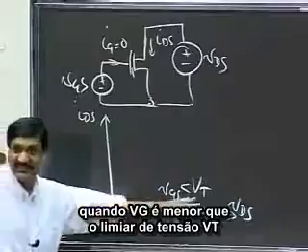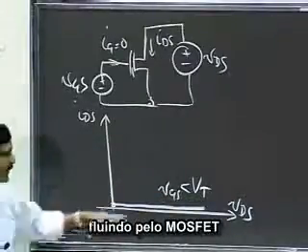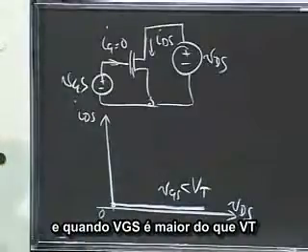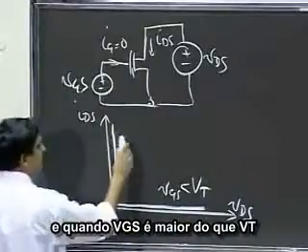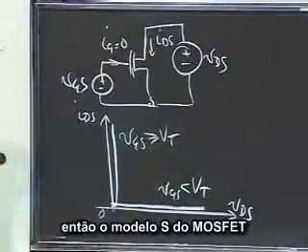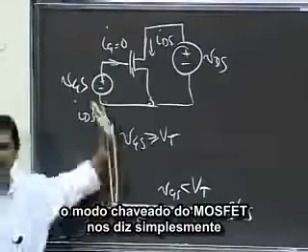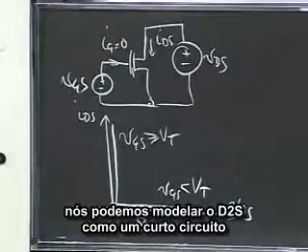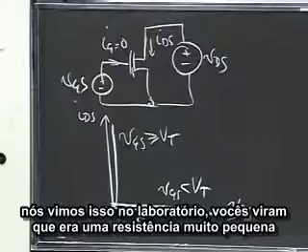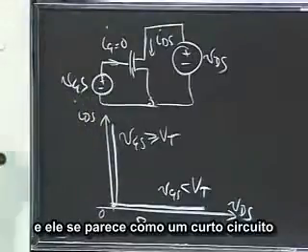That is, when VGS is less than a threshold voltage VT, I have 0 current flowing through the MOSFET. And when VGS was greater than VT, then the switch model of the MOSFET simply said that we can model the drain to source as a short circuit. You saw this in your labs, and you saw that it was a very small resistance between the drain and the source, and it kind of looked like a short circuit.